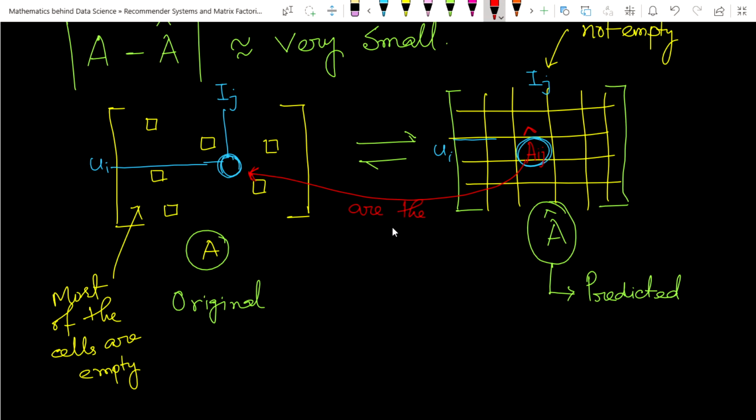These are the predicted value of user i corresponding to the item j.